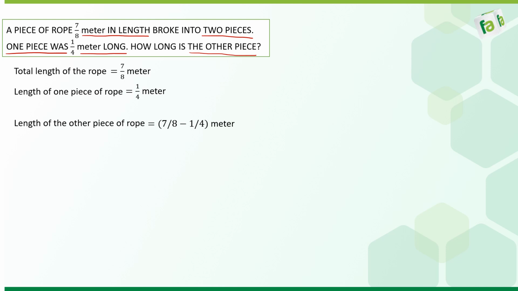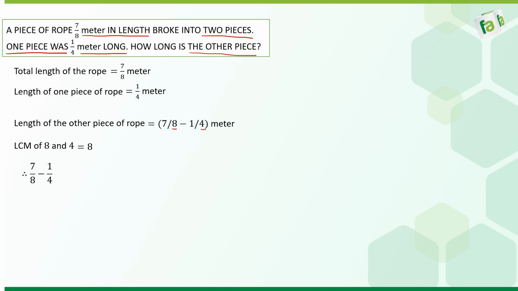Now, we have to find the LCM of denominators 8 and 4. So, the LCM of 8 and 4 is equal to 8. And then we will follow the same procedure for the subtraction of fractions.